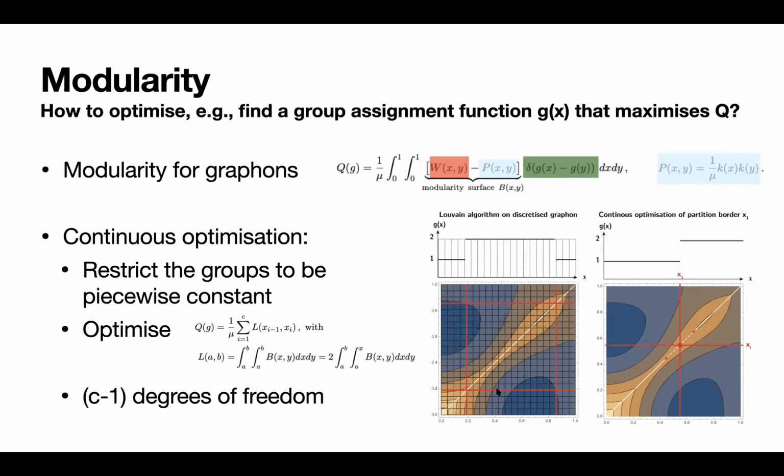This, of course, reduces the number of free parameters to C-1, where C is the number of communities you have. You can also make this more complicated and allow non-contiguous communities as here, but then some of the advantage disappears because it's not as nicely optimized anymore.